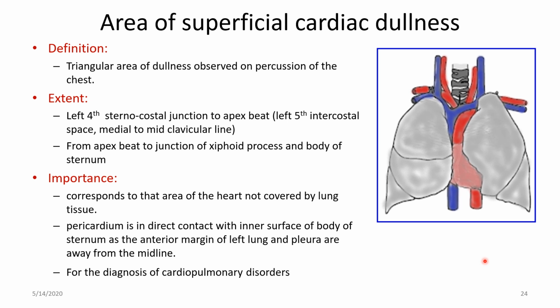In this place, the pericardium is in direct contact with the inner surface of body of sternum because the anterior margin of left lung and pleura are away from the midline. So that's why it is called area of superficial cardiac dullness. And the importance of it is for the diagnosis of cardiopulmonary disorders.